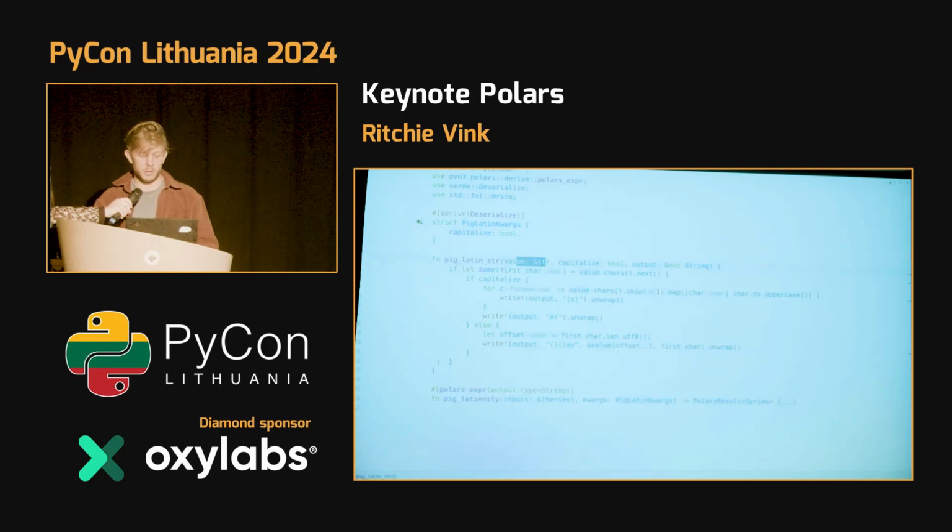What you only need to do to make an expression is you create a pig-Latinify and you tag that with a Polars expression and you define the output. The output type can also be a function, but here it's a string. We define some inputs and some keyword arguments, and we return a series. And then we apply this pig-Latinify string over the buffer.